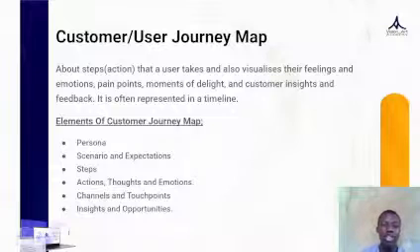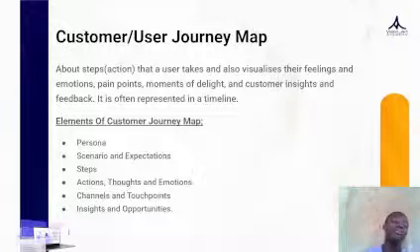So the elements of a customer journey map include the persona. It talks about the user a bit. Okay, then the scenarios and expectations. It talks about the situation that the journey map addresses. Okay, the overall user's engagement with the steps the user takes, that's talking about the user flow.